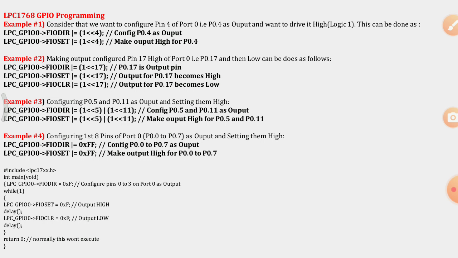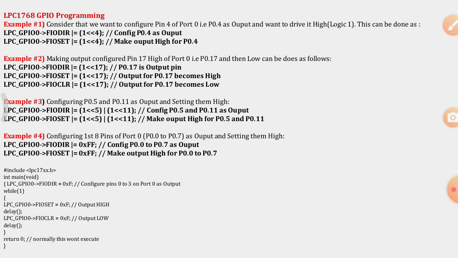Again, example 4 is configuring the first 8 pins. So FIODIR 0xFF and FIOSET 0xFF, making all high for P0.0 to P0.7. So one example is being given here.